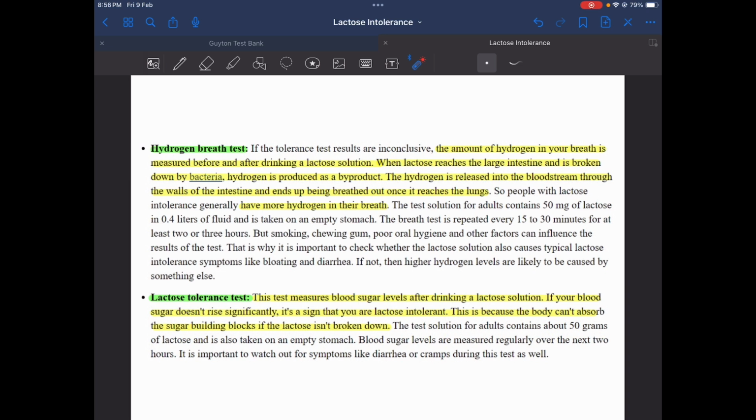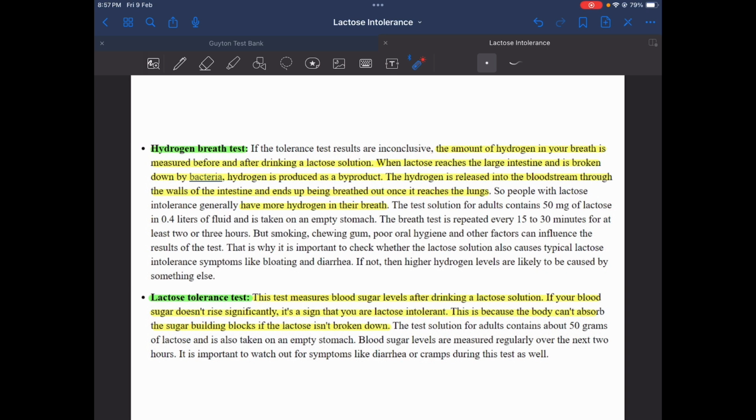The hydrogen breath test is when they measure the hydrogen in your breath, as the name suggests. The doctors give you 50 grams of lactose, and then measure your breath every 30 minutes for a period of 3 hours. If the hydrogen is more than a normal person should have, you most likely have lactose intolerance.